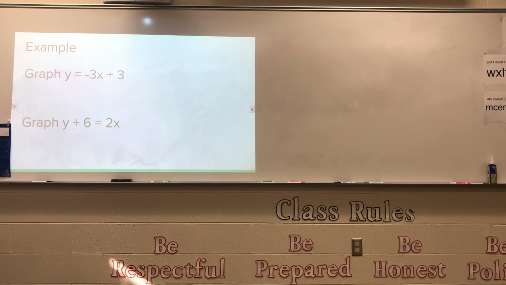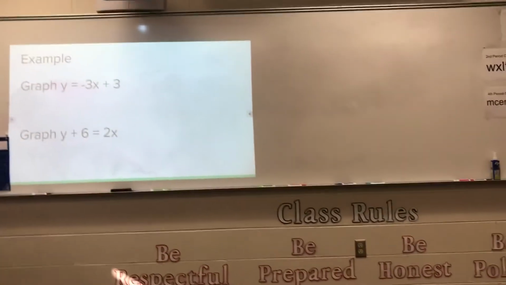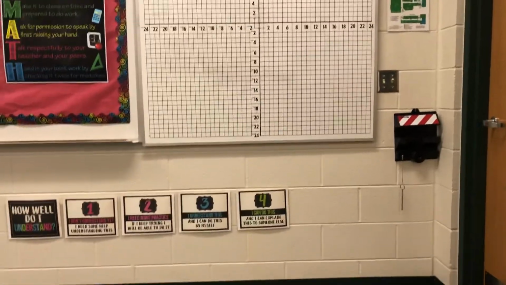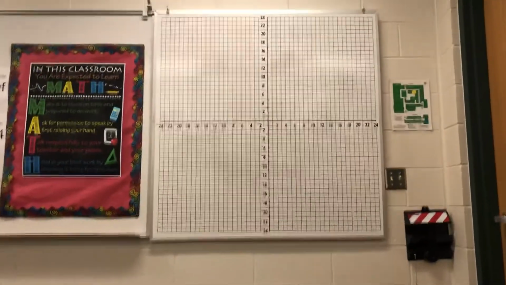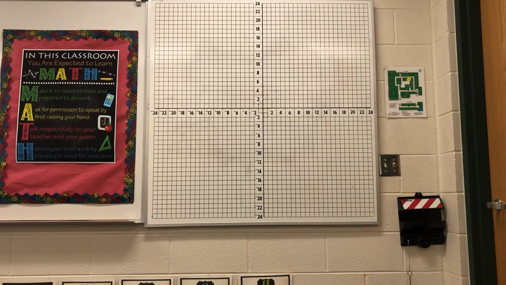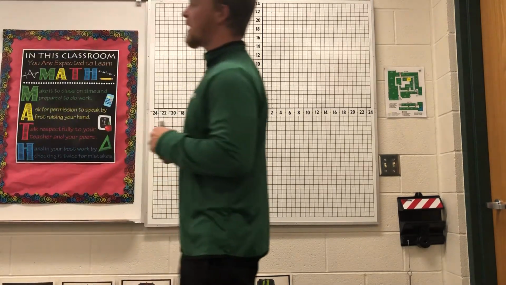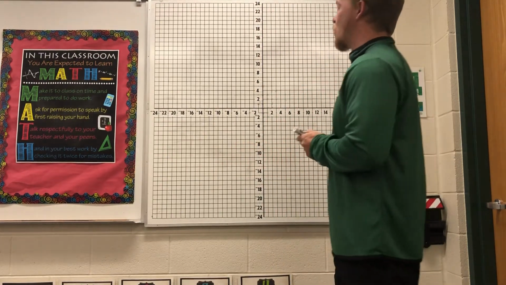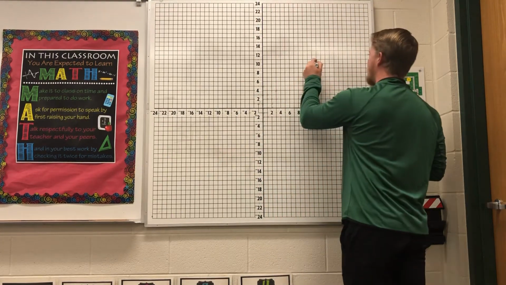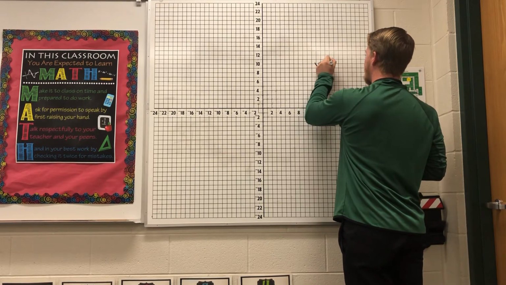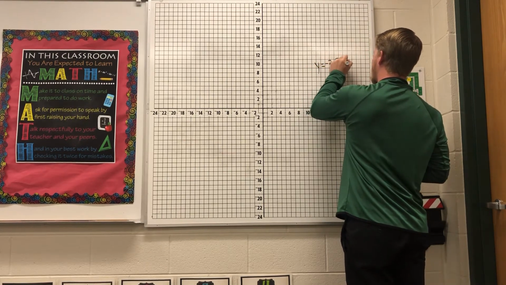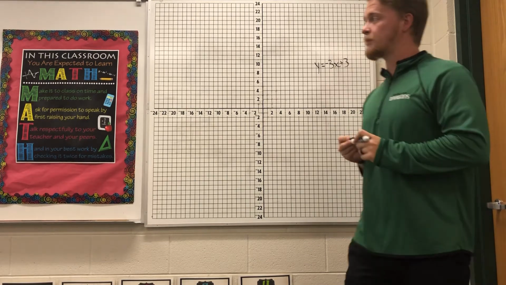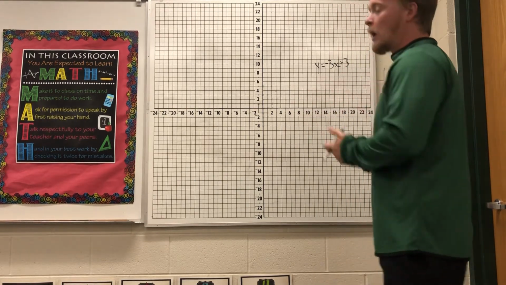Alright, so I'm going to go ahead and move the camera over to the coordinate plane. Okay, so the first one was y equals -3x plus 3. So again, the first point that you make is from your y-intercept.